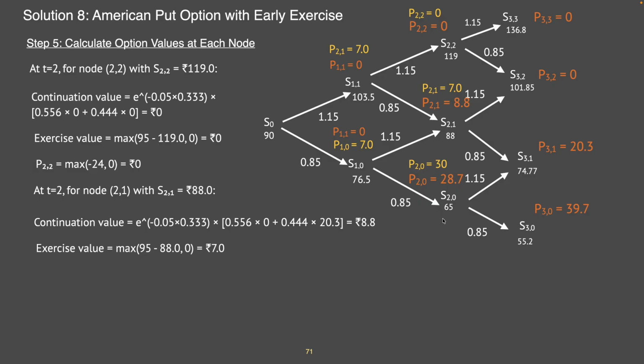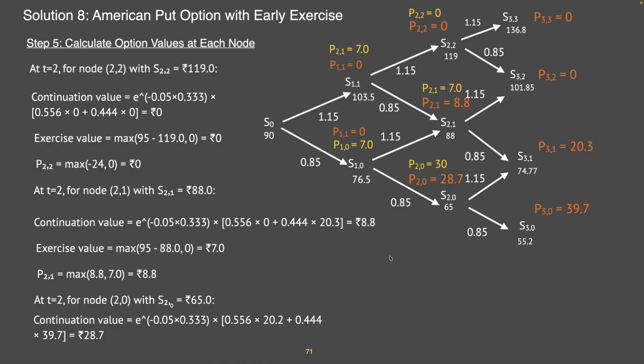Now let us come to this node S20. So with P21 we have done. Now with P20, the continuation value is 28.7 using the formula, whereas if you want to exercise early, it becomes the max of 95 minus 65 comma 0.